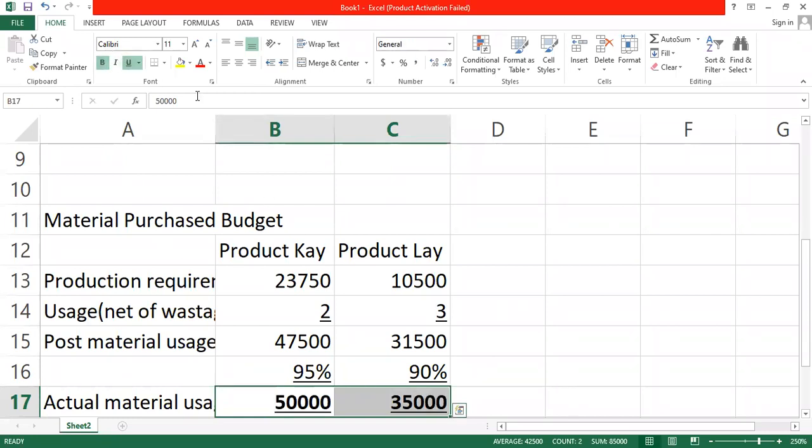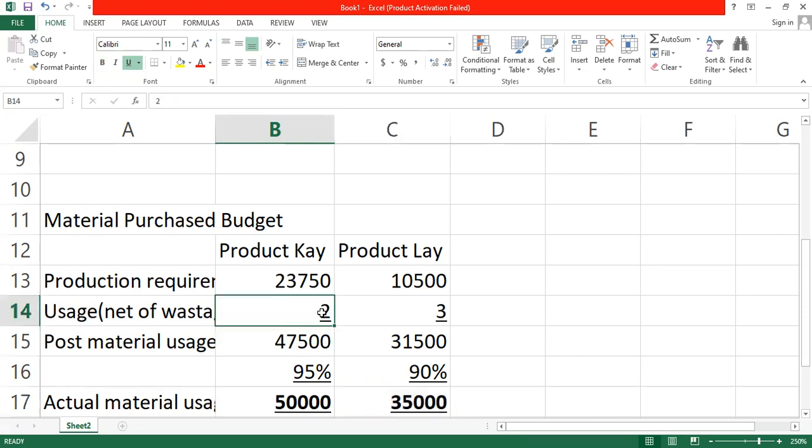Another way of doing this is like this. You can see that the 2 kilogram and the 3 kilogram are declared net of wastage, isn't it? It means that the 2 kilogram represents 95% for product K, and the 3 kilogram represents 90%. So if you want to gross it, you gross the material usage per kilogram to 100%.